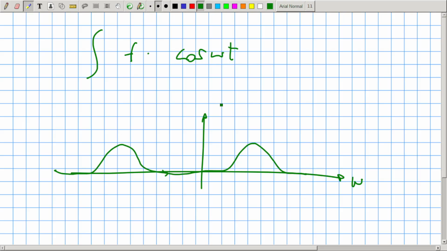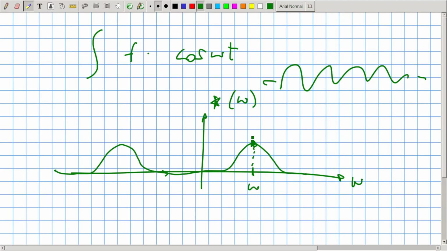This is omega, and this is my star of omega. In a certain sense, this is finite. True? And whenever I take this specific omega, it means that this is a specific oscillation from minus infinity to plus infinity. True? But I've got a finite matching. It's a finite matching now.